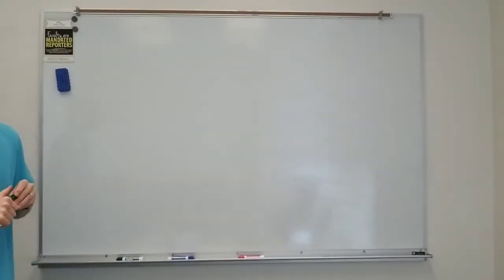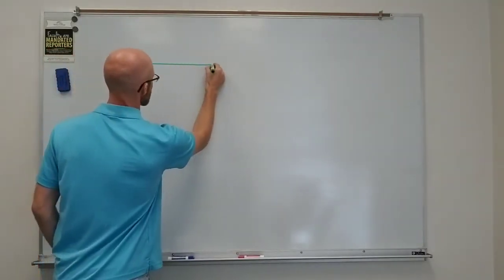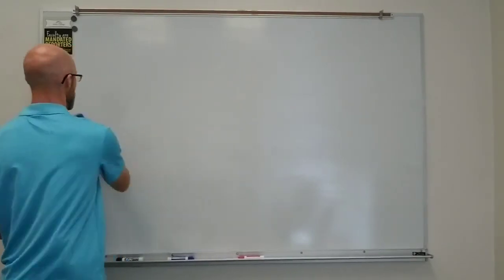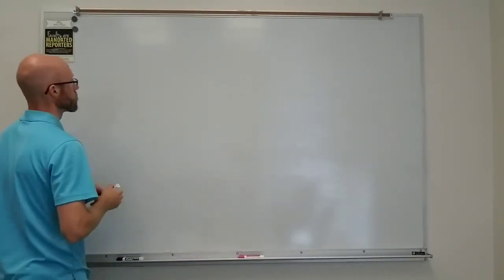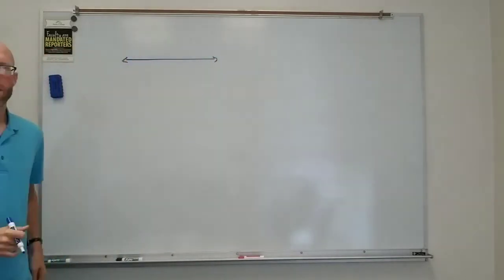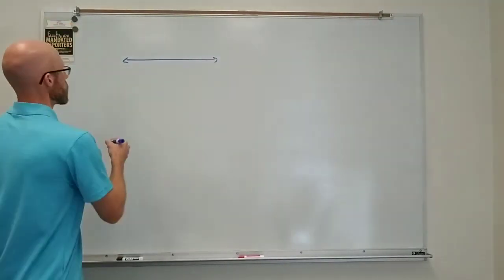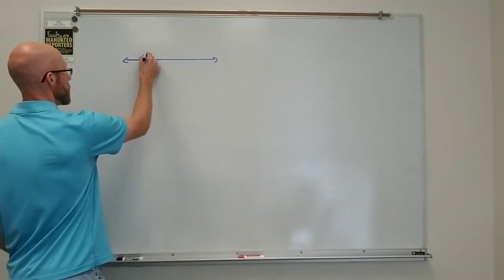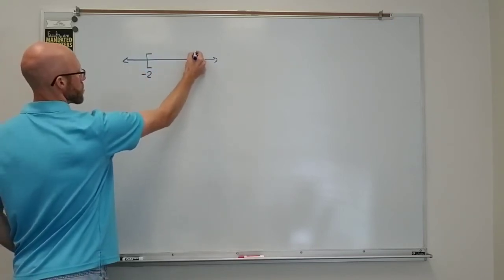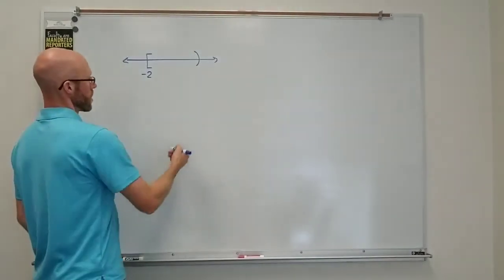Okay, so with this next example, let's take a number line. Oh, I don't want to use green. Green isn't showing up well. Let's use blue. Okay, and let's start on the left side by including the point -2. And on the right side, we will have a parenthesis, which means we're not including the number.